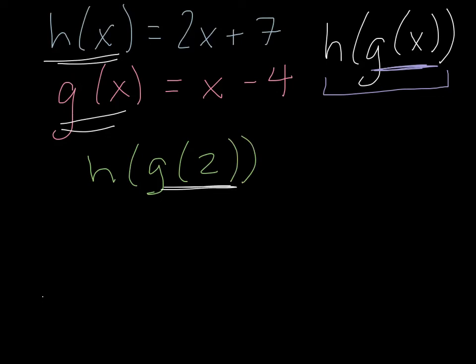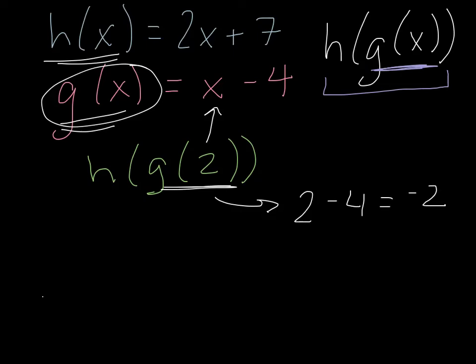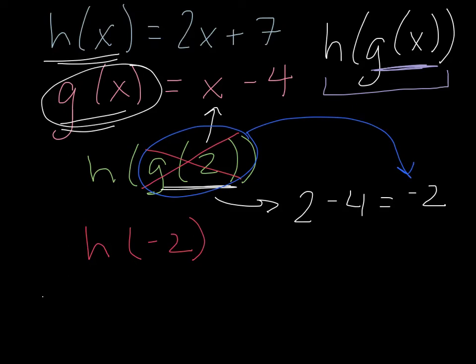we're first going to take care of this g of 2. That means I'm going to plug the 2 into this equation because this was the g of x. So this part here becomes 2 minus 4, or negative 2. So no longer do I have this here; now I have h of negative 2, because g of 2, when we figured it out, was negative 2.